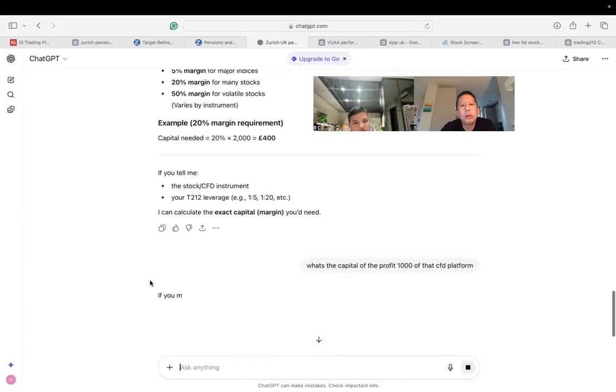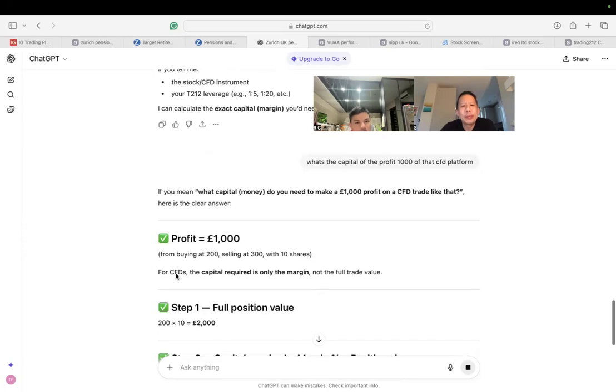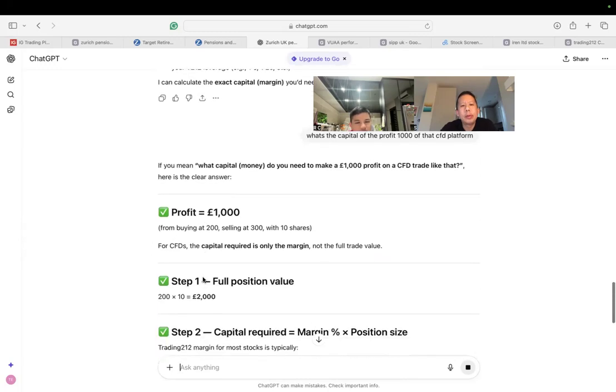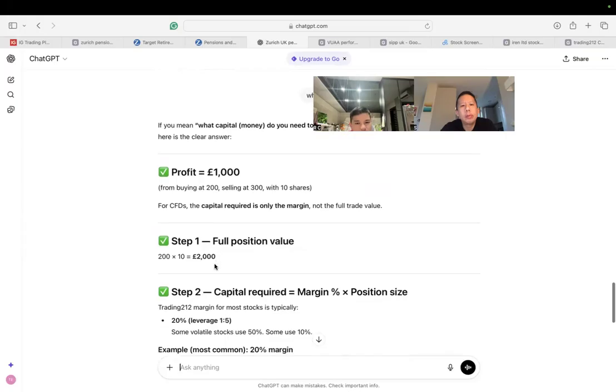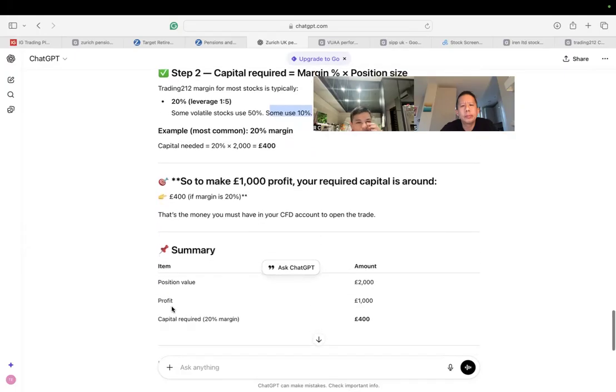We don't really use the word capital, it's more like margin. So the profit of £1,000 on a CFD is not the full amount. What's the margin required? So £400 margin. Some volatile stocks use 50%, some use 10%. So that's kind of what happened.